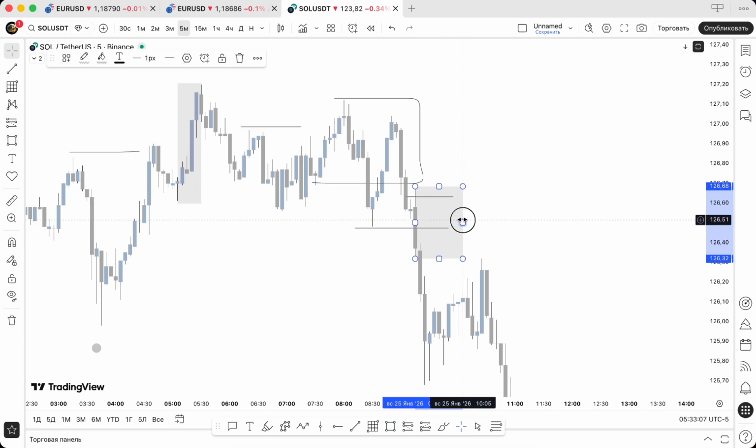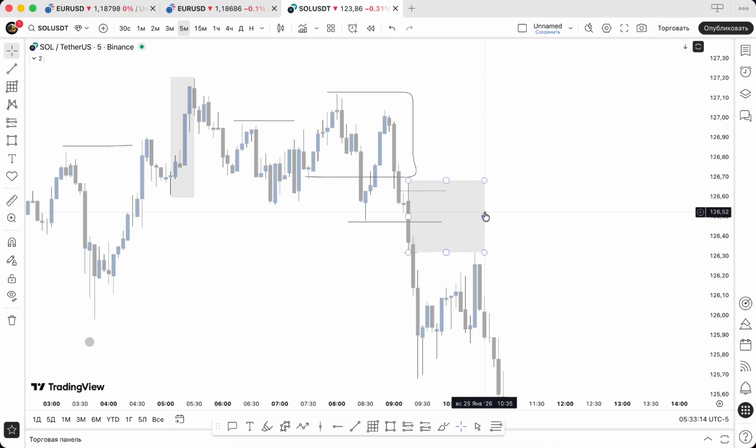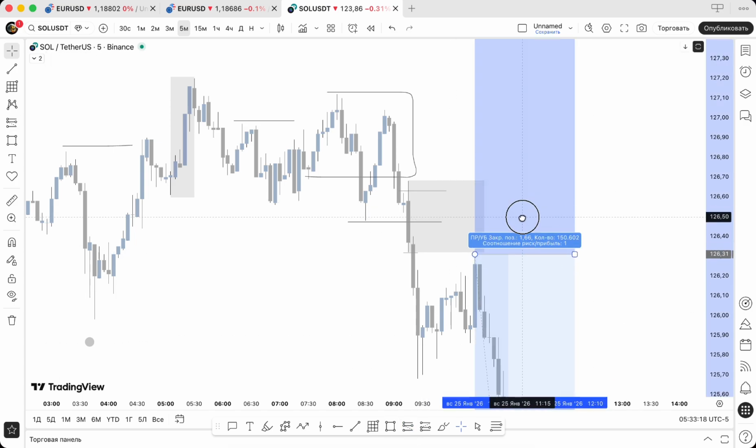The next candle absorbs it with the body. In fact, this candle is a single candle block from which you enter the position.